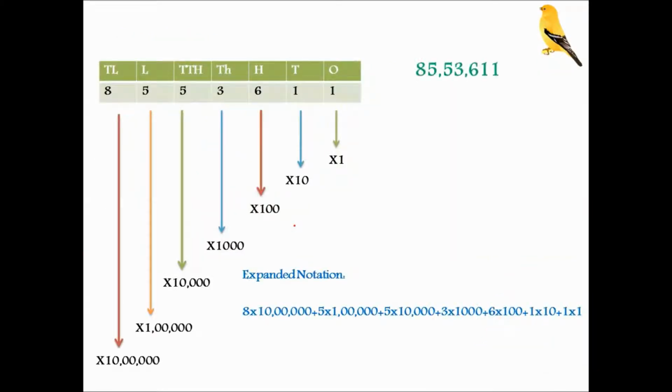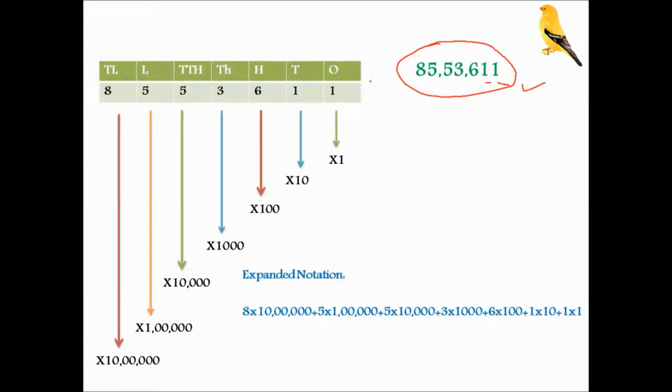Now let us consider the number 85,53,611. Let us see how to place this number. 1 will be in the ones place, another 1 in the tens place.